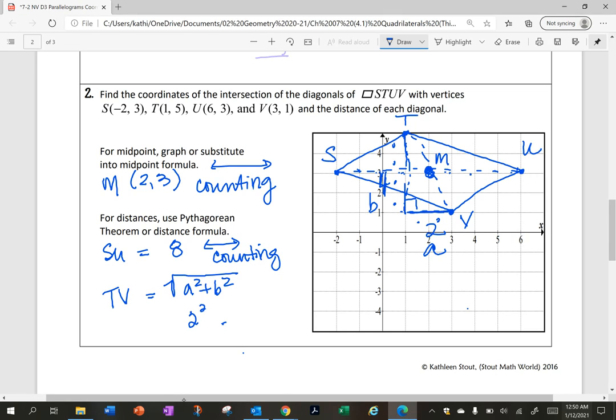So 2 squared plus 4 squared, and I'm going to take the square root. Rounding, I get that the distance from T to V is approximately 4.5. All right.